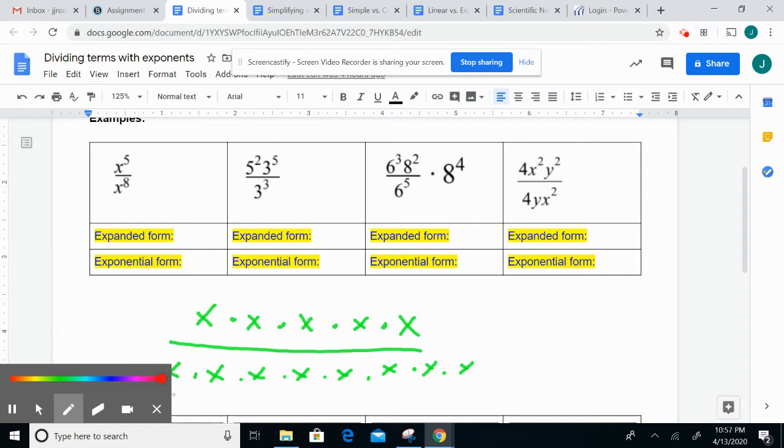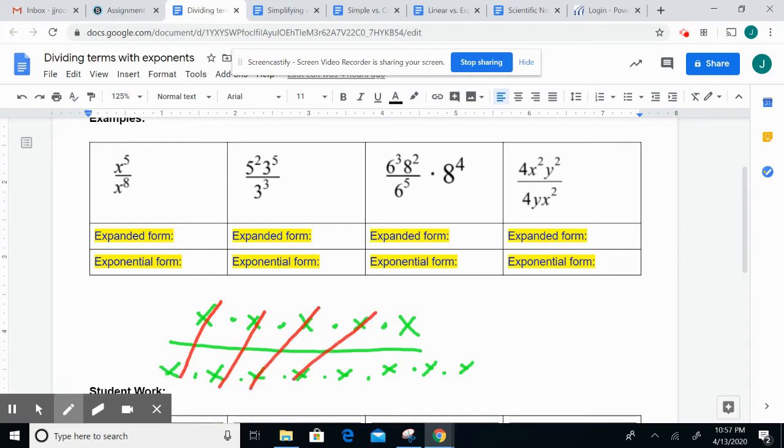So this is a method that you can do. Anything that's the same on the top and the bottom when you're dividing, they just cancel out. So all that's left on the top is a 1, because there's nothing left, and the top is all cleared out. And those x's, these 3, have to be on the bottom. So we'll put them back together, and it would be x to the 3rd.